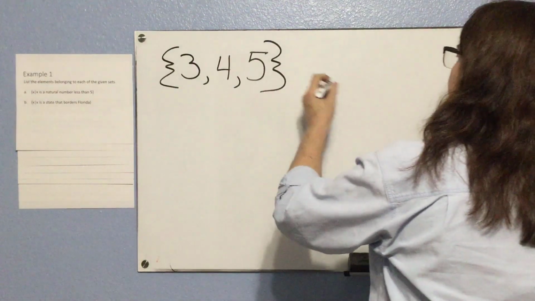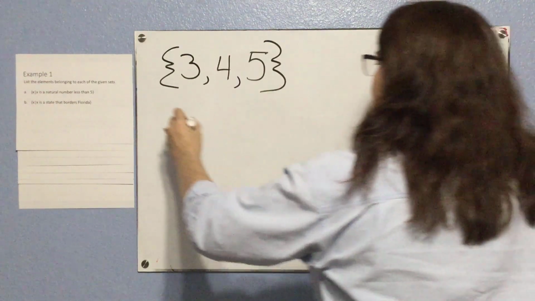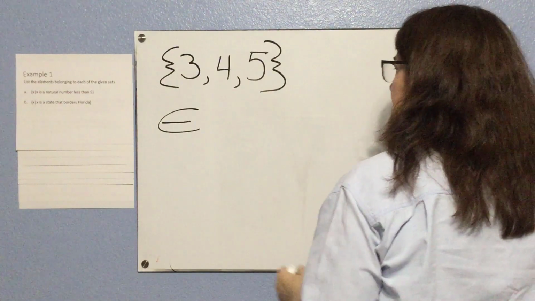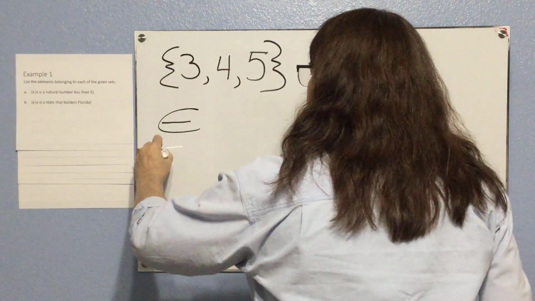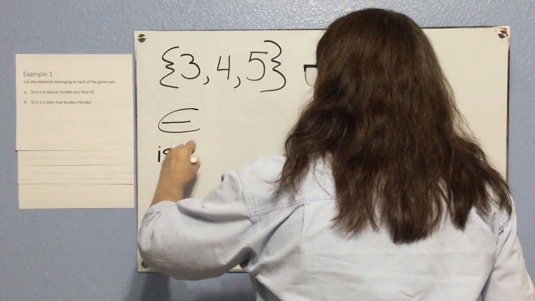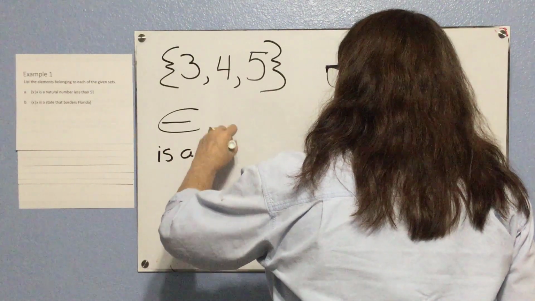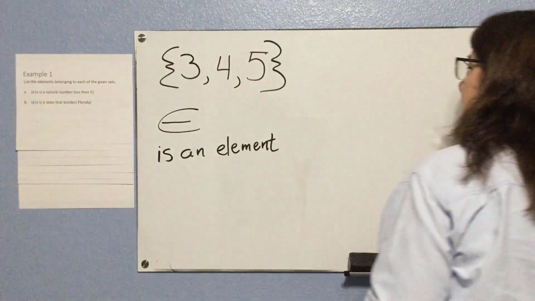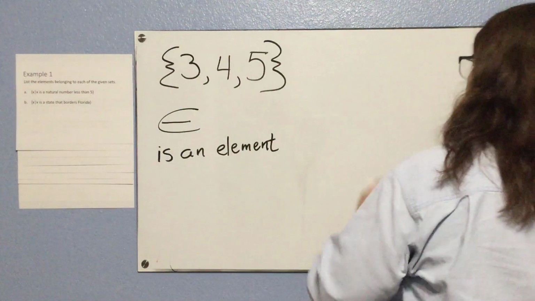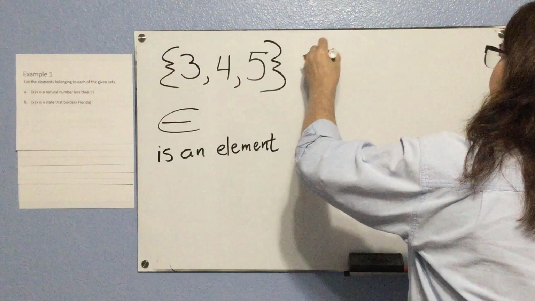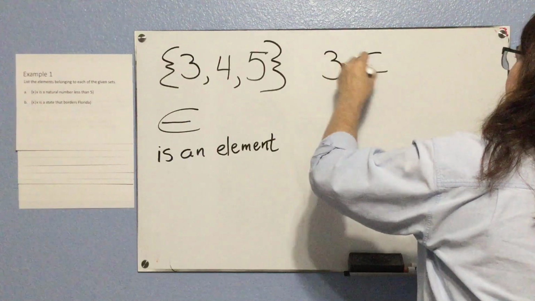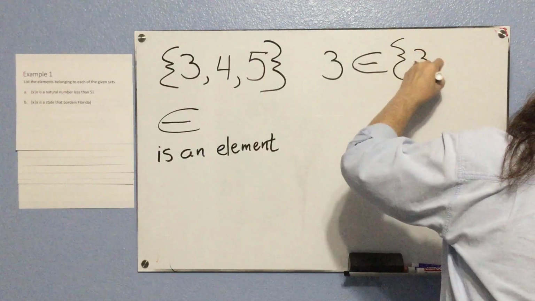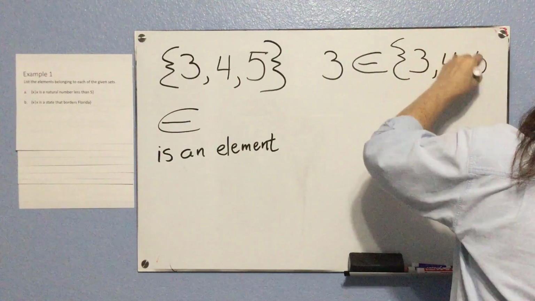Another symbol that we use with sets is this kind of elongated E, and this is an element. So I could rewrite this and say that 3 is an element of the set 3, 4, 5.